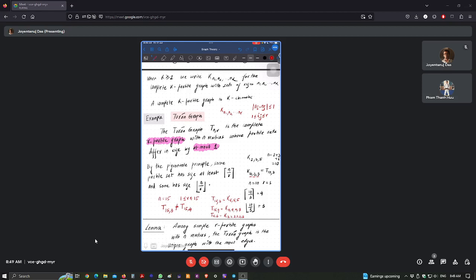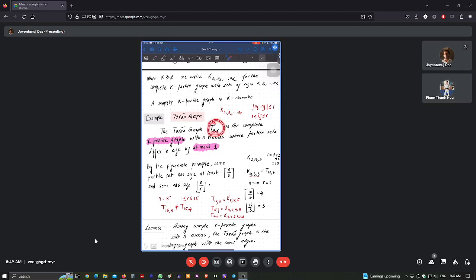So this is K3,3,3,2,2,2, the Turan graph. We can always find it with any r from 1 to n. But once we fix one r and n, then T n comma r is unique.